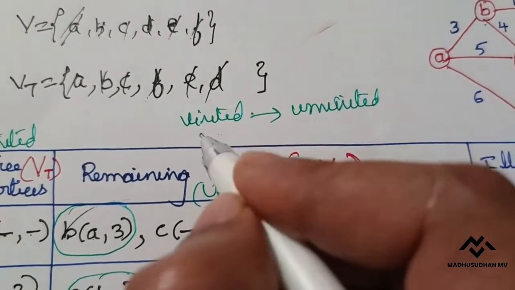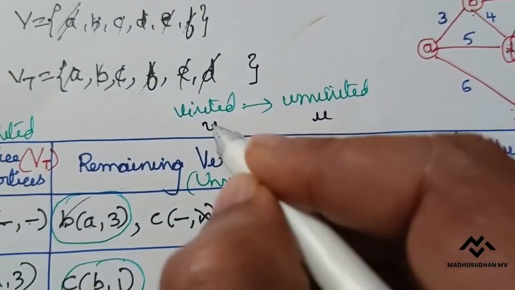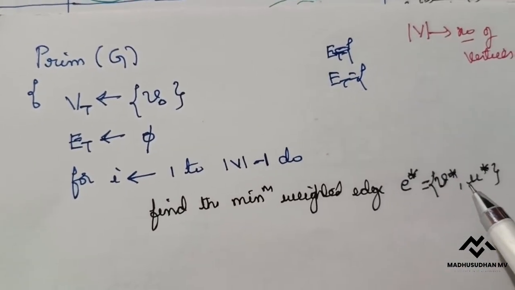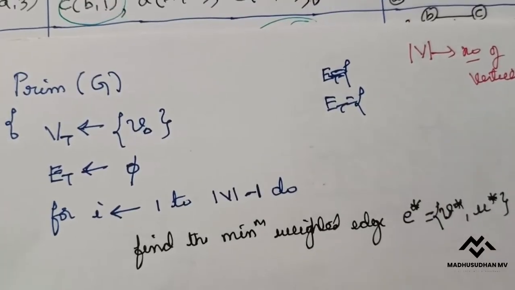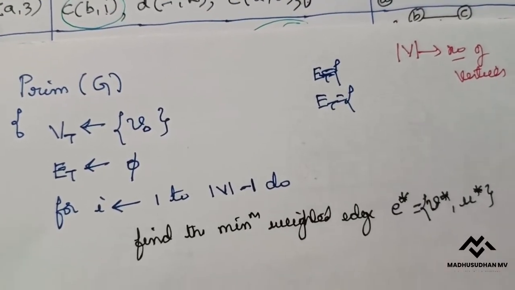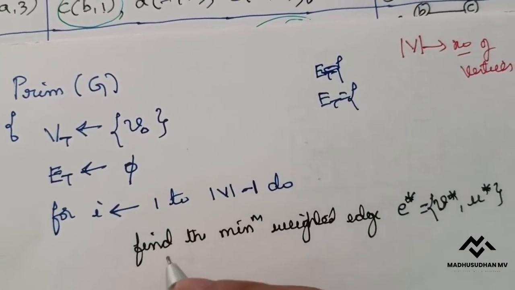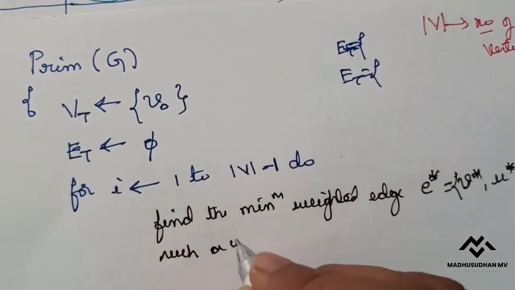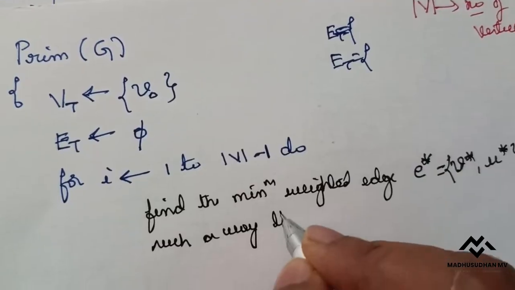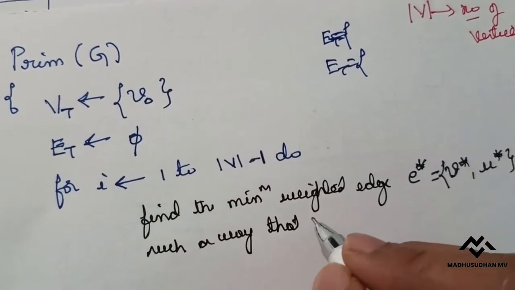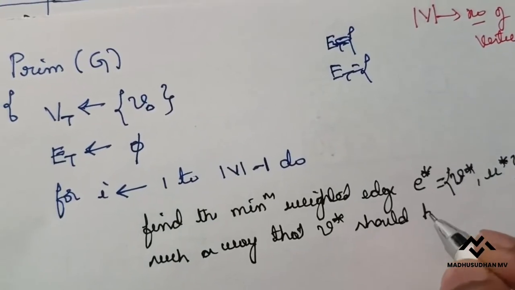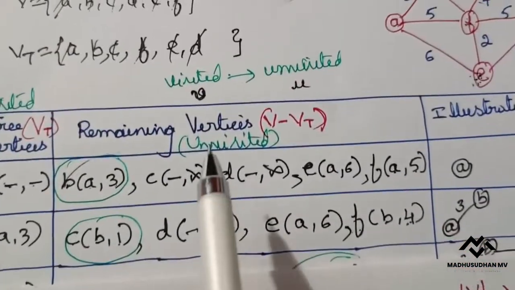So this is V and this is my U. Always you need to move from V star visited to unvisited. V star should be in visited.